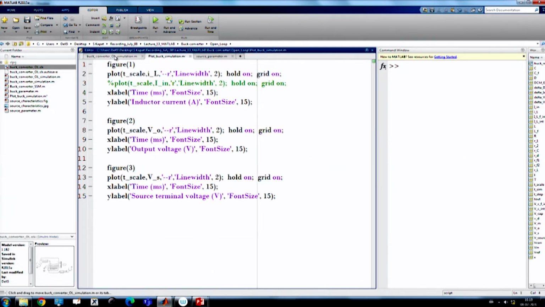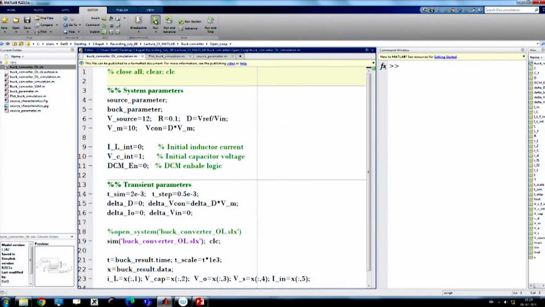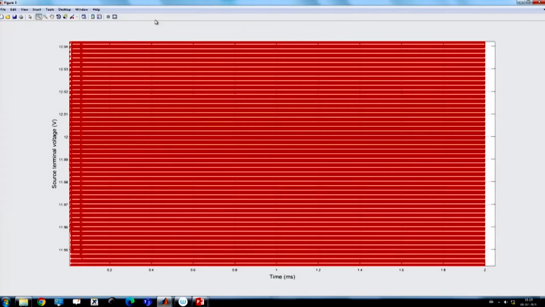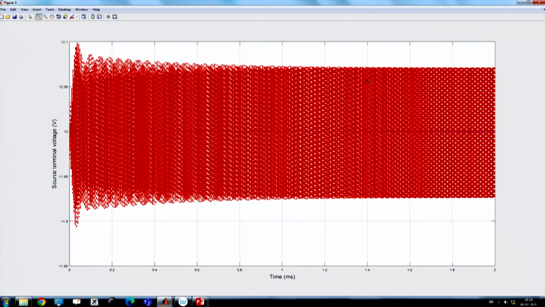Okay. So, let us run it. Now, this is with a practical voltage source, the same DC-DC converter, same duty ratio, but now with a practical voltage source. Okay. So, let us see what happened.